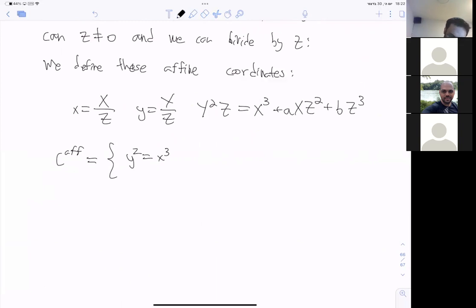So if I divide by z to the power of 3, and I can divide because I removed the point in which z is 0, I get this form: y squared equals x to the power of 3 plus a little x plus just b.